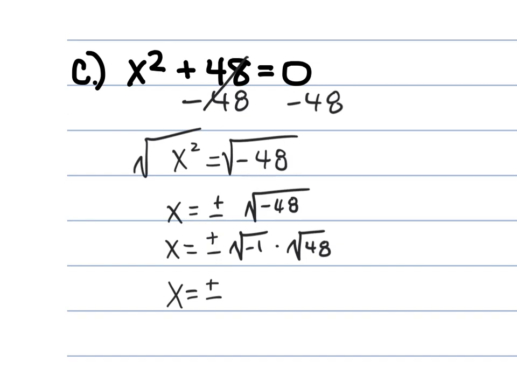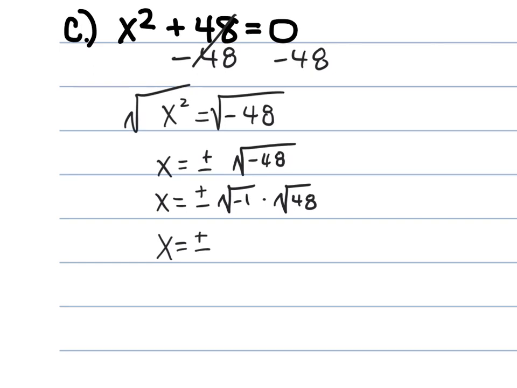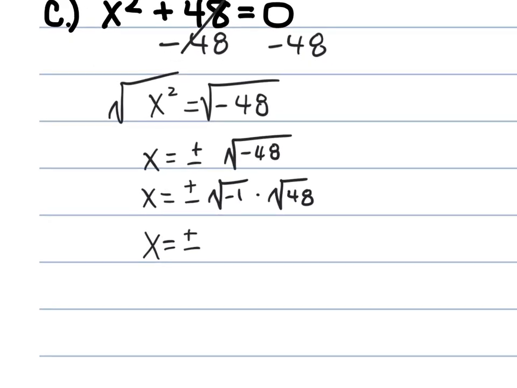Okay, so how'd you get there? I broke the 48 down to 6 and 8. Okay, so 6 and 8. But I don't know the square root of 6, and I don't know the square root of 8.